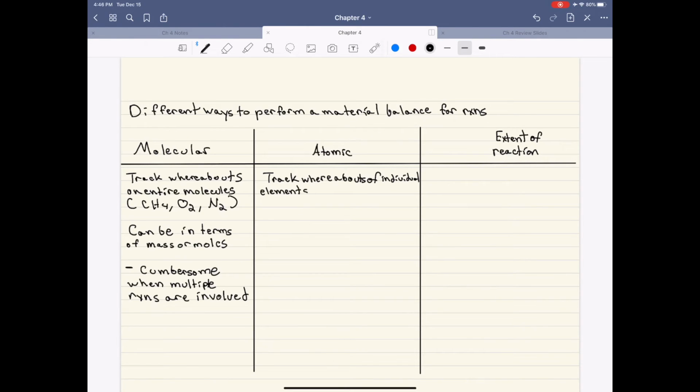And so, to be consistent with the methane, oxygen, and nitrogen example, if you're applying an atomic material balance on the same system, you would actually apply balances on either the carbon, the hydrogen, the oxygens, and the nitrogens. Okay? With an atomic material balance, these are done only in terms of moles.